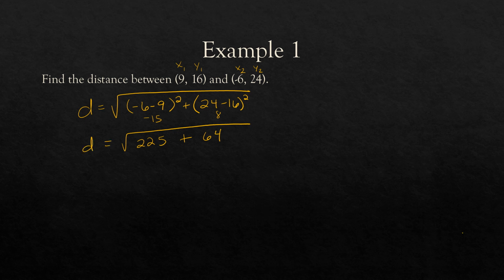So now I'm adding 64 plus 225, and I get the square root of 289. And when I take the square root of 289, I get 17.